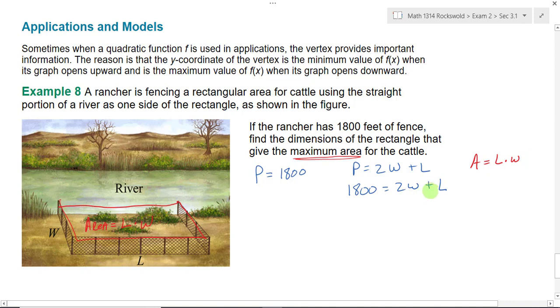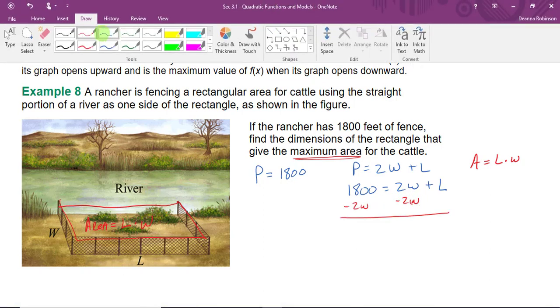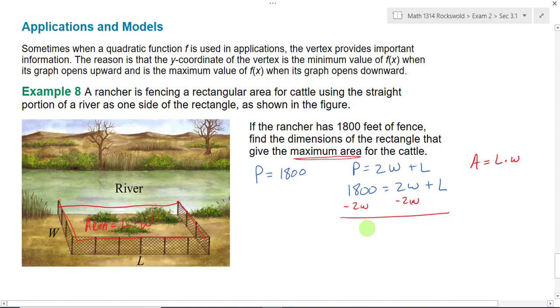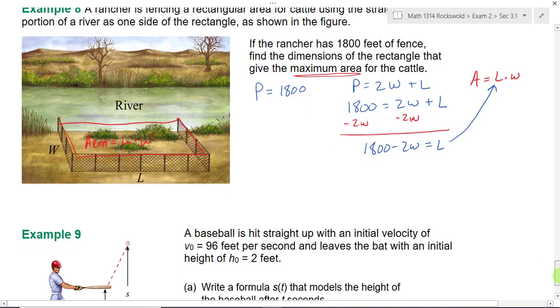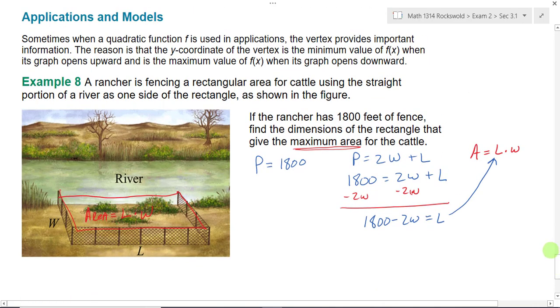What I can do is find the length in terms of the width by subtracting 2w from both sides here. When I do that, that allows me to write the length as 1,800 minus 2w, and that's what I can plug in place of the L right there, so that I can get the maximum area.